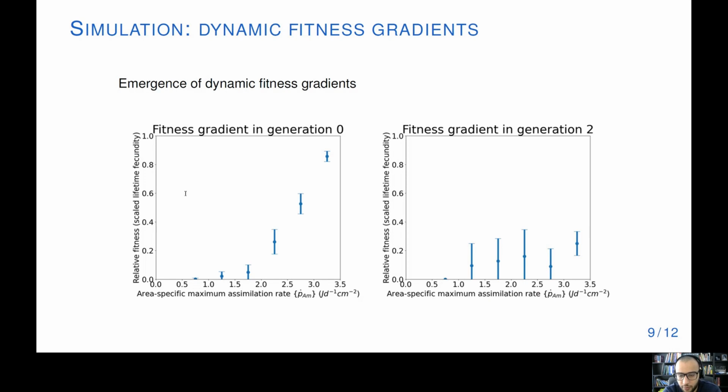However, as we can see here, the plot on the left, for example, shows relative fitness, which is defined here as the lifetime fecundity of an individual scaled by the maximum lifetime fecundity within the generation, and how this relative fitness correlates with PAM. And in generation 0, this shows a rather linear correlation with higher PAMs, meaning higher relative fitness.